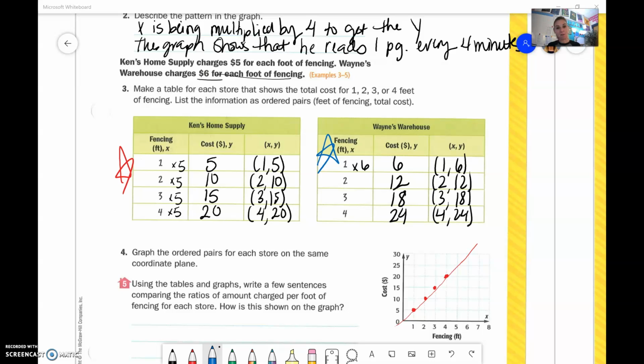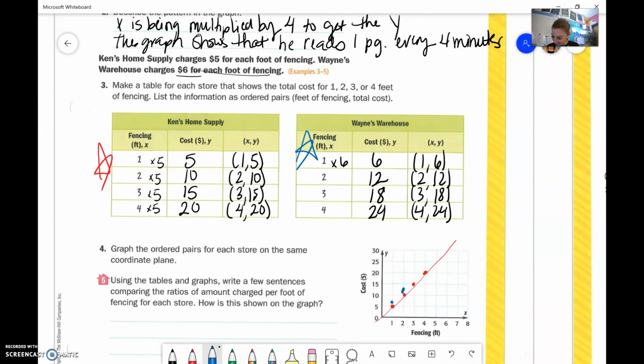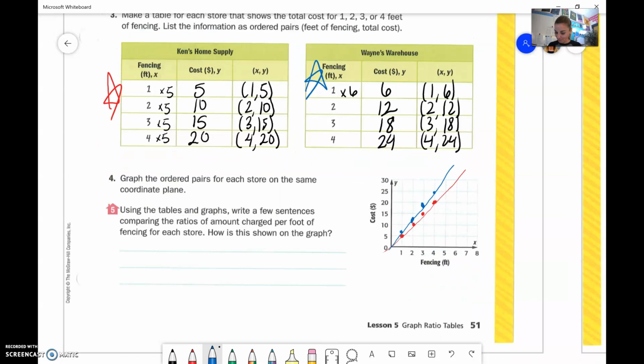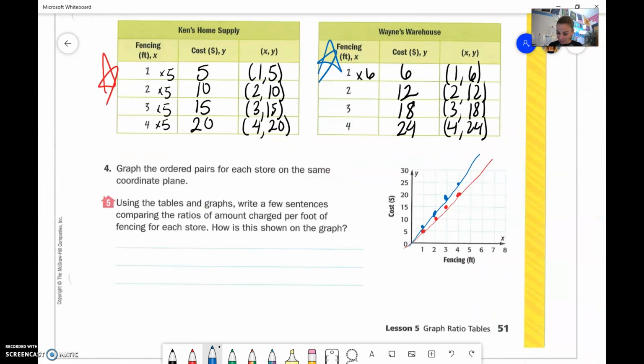Last one. I'm going to do it in blue, and I'm going to do Wayne's. We have 1, 6, it's right there, and then 2, 12. See, not very good, but then again, I'm writing on this. 3, 18, I don't know why that just moved on me. And then 4, 24, which would be right about there. There we go. All right, good enough. Let's take a look at this. It says, let's write down what we see.